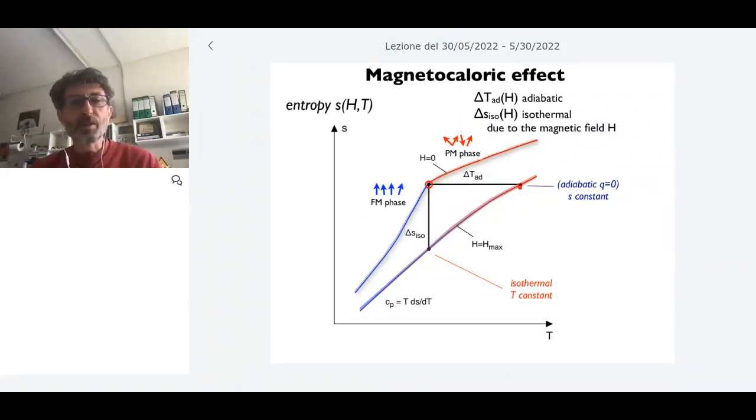This is not very interesting, but what is very interesting is to start from an already magnetized material and decrease the field to zero, because then we cool it. This has been demonstrated to be extremely important for generating cooling and refrigeration at certain temperature ranges where there is nothing to cool, where it's impossible to use any other method.